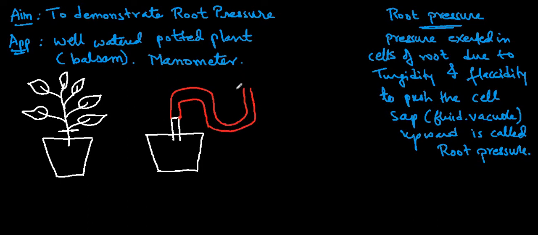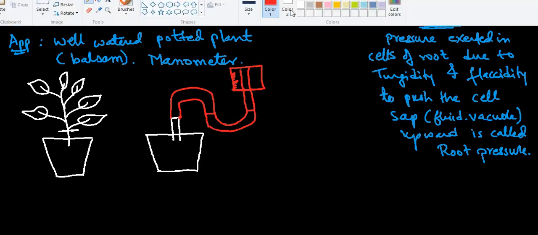This manometer is then connected to the scale. It contains mercury in it. So this part is mercury.